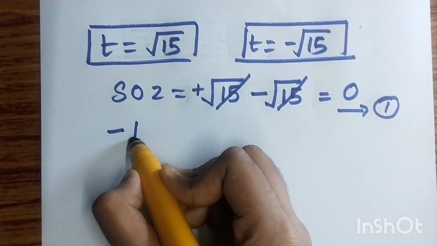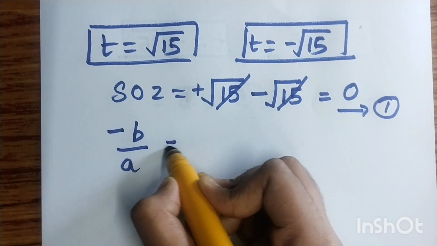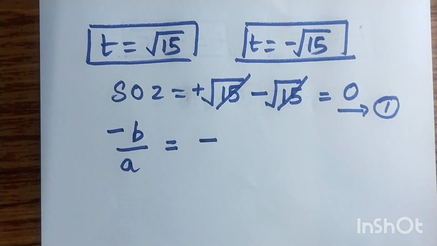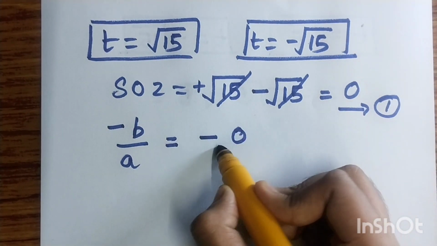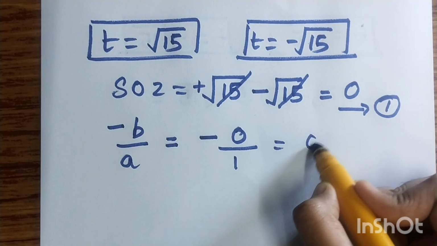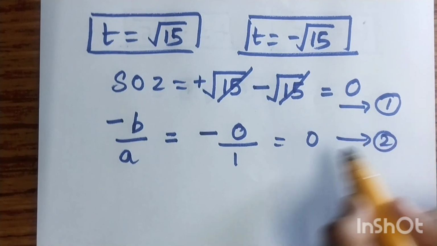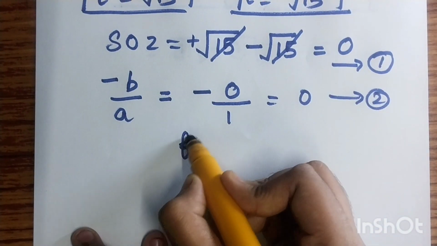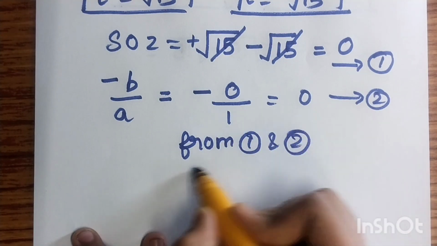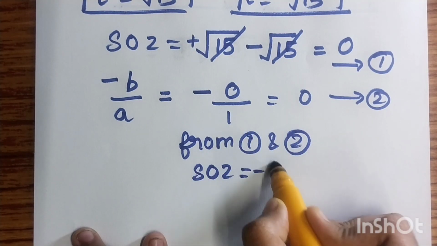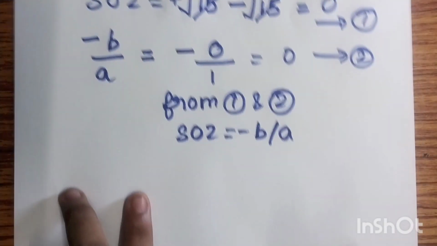And next is minus b by a. By default, write the minus sign and there is no b, so 0 by 1, which is 0. So from 1 and 2, SOZ is equal to minus b by a, right?